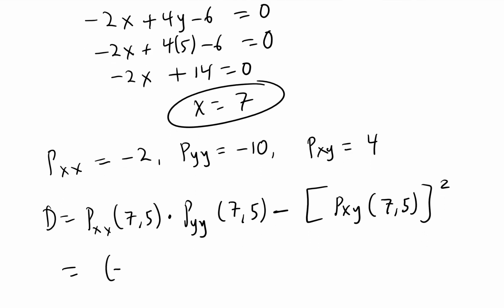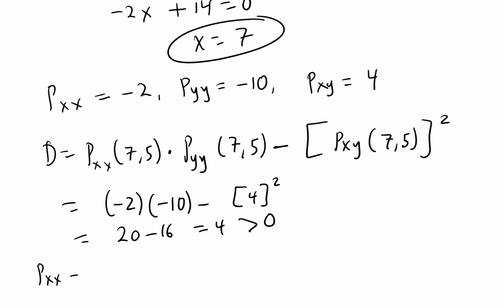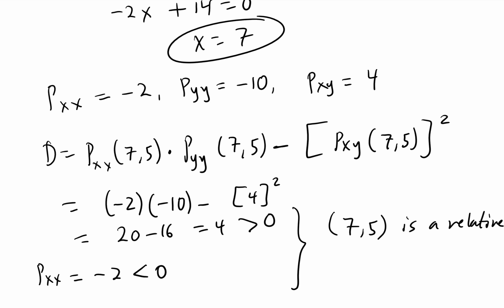So the first one is -2, the next one is -10, the last one is 4 squared. That's 20 minus 16, which is 4. That's positive. Now we need to look at Pxx. Pxx is -2. It's negative. So if D is positive and Pxx negative, from these two we confirm that the point (7,5) is a relative maximum based on the D test.